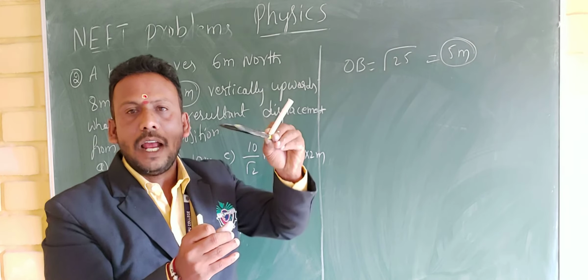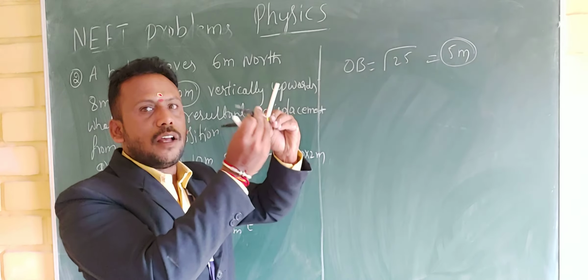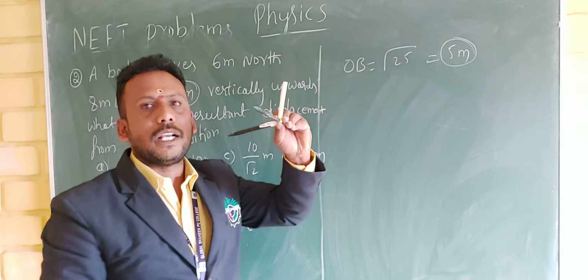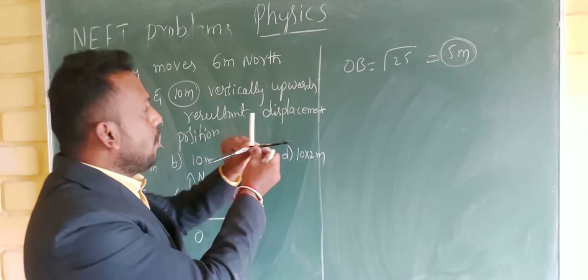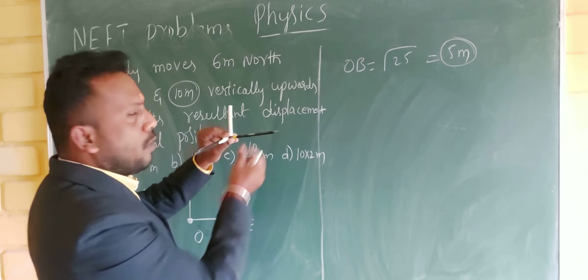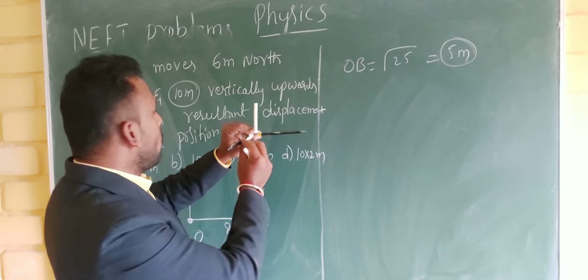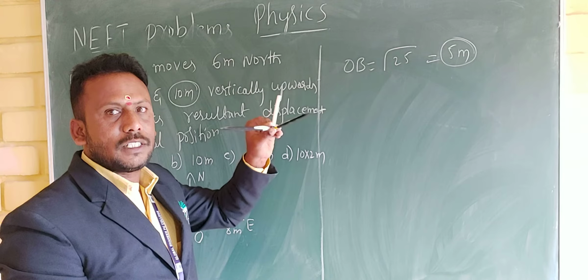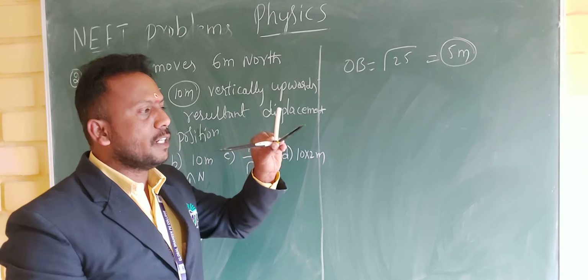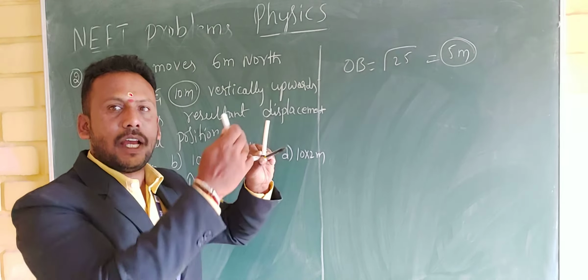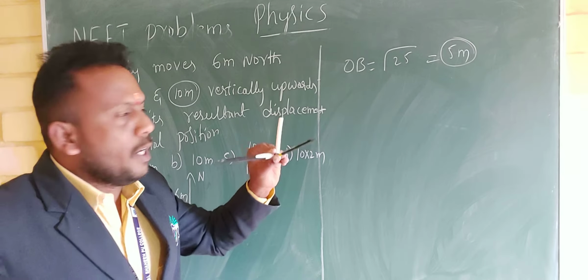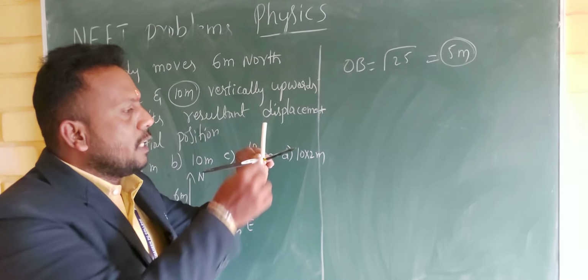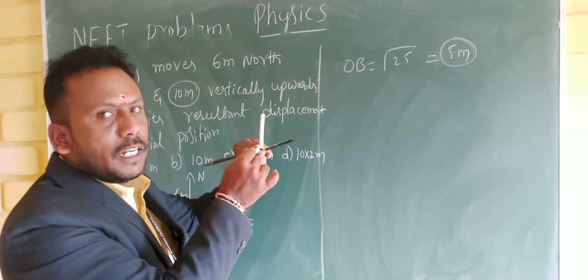The pencil is north, this pen is east, and this one is vertically upwards. 6 meter towards north, 8 meter towards east, and finally 10 meter in the vertically upward direction. This is 3-dimensional motion. We consider three axes: x-axis, y-axis, and also z-axis. These three mutually perpendicular axes intersect at one point.